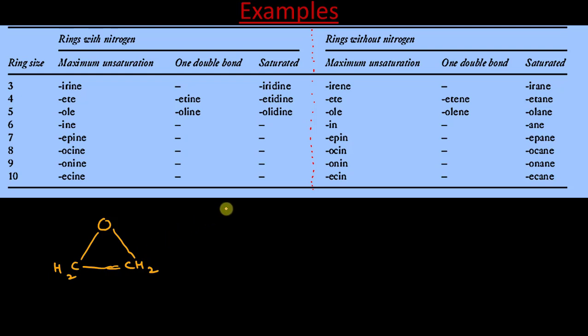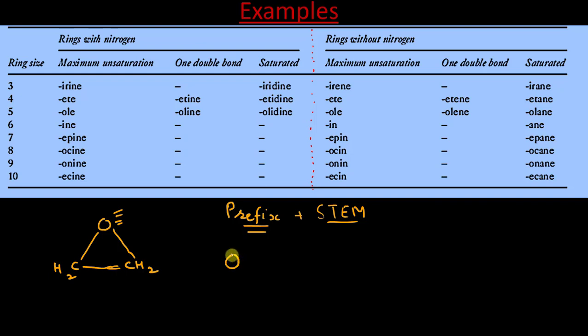Now its name, as I said, contains two parts. In order to name this compound, we have to find the prefix and the stem. Now the prefix is used to indicate the heteroatom. The heteroatom is oxygen, and for oxygen the prefix is oxa.